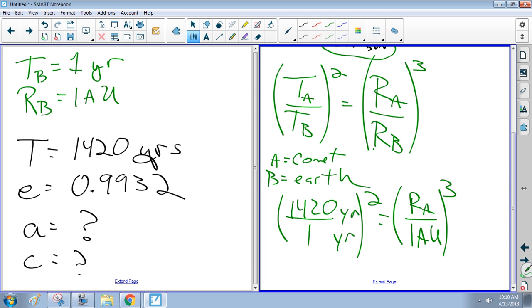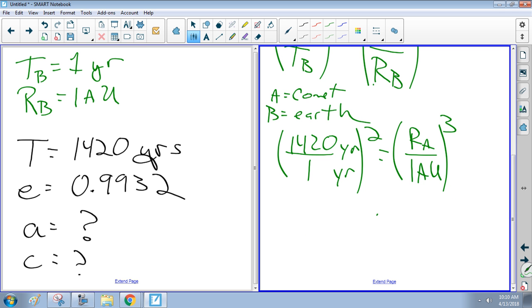All right, so if you do that, 1420 squared, and then we take the cube root of that. It gives you 126 AUs.